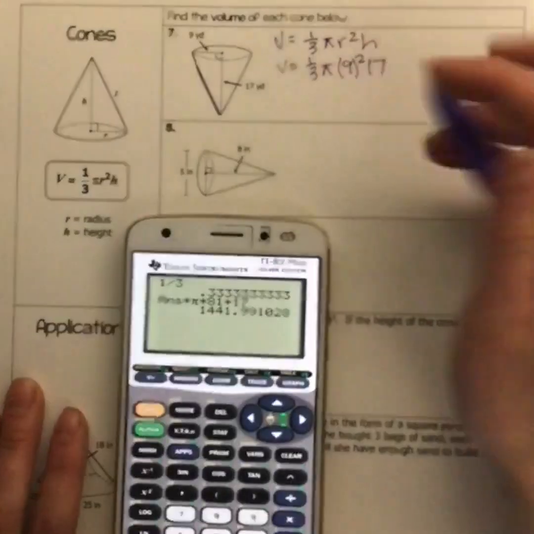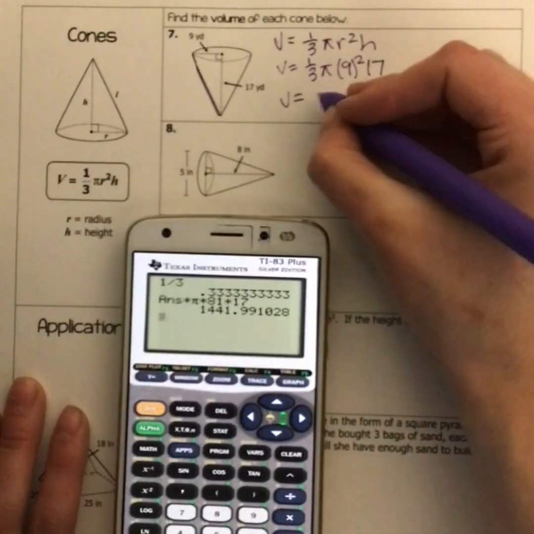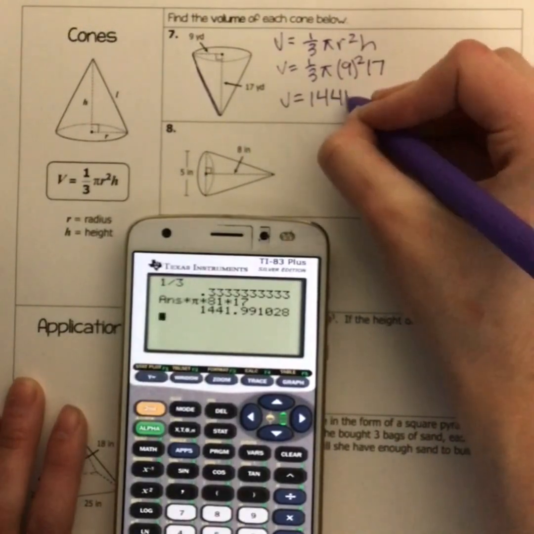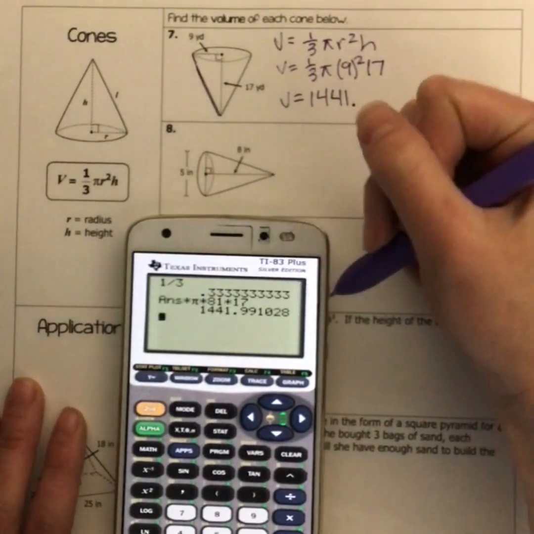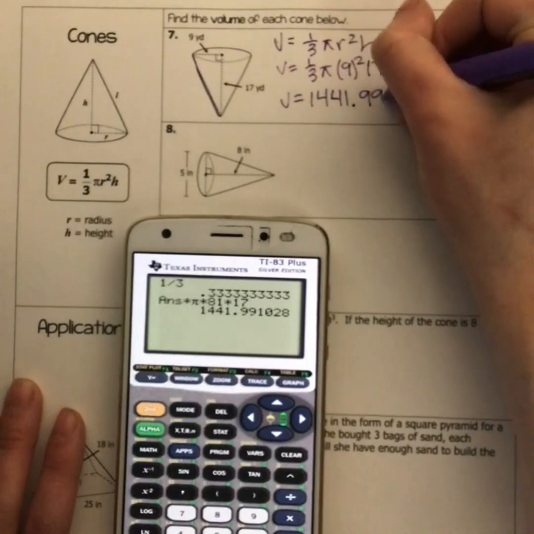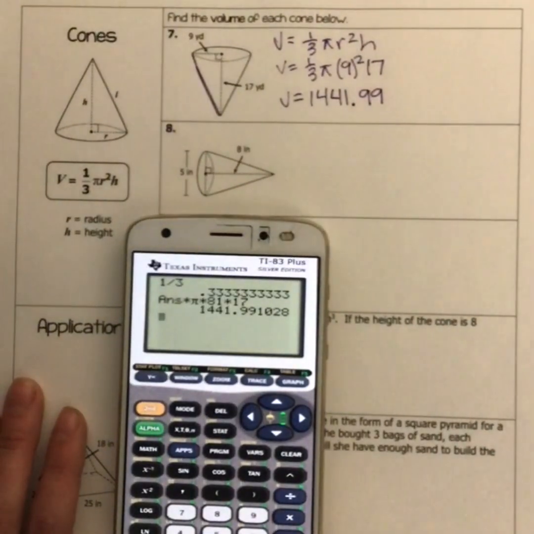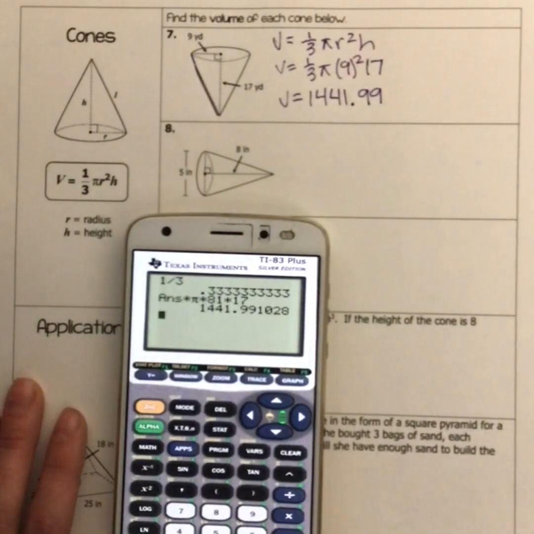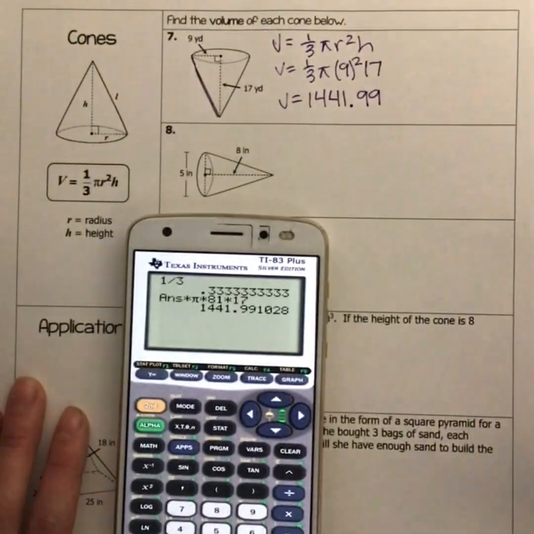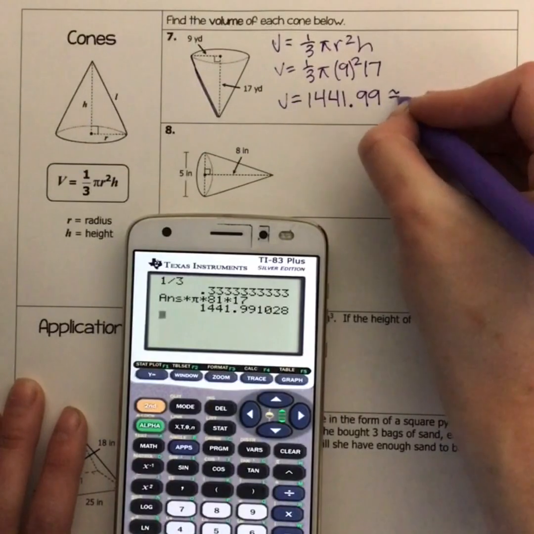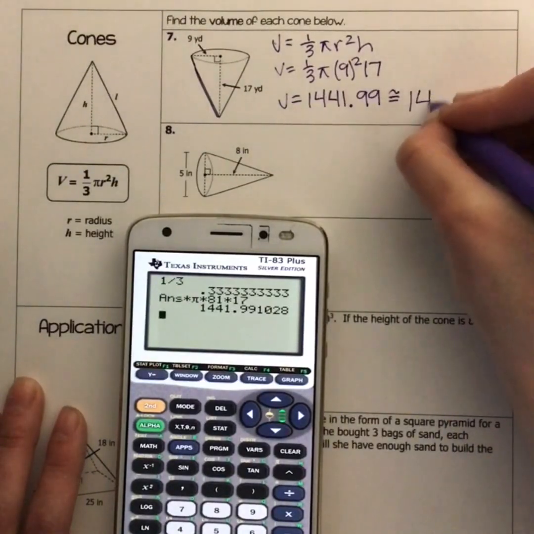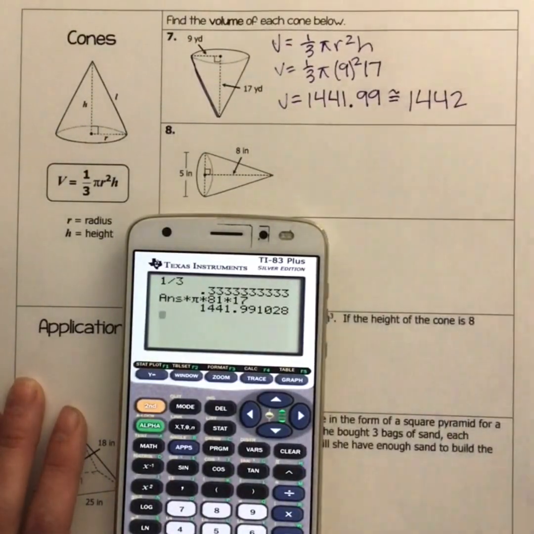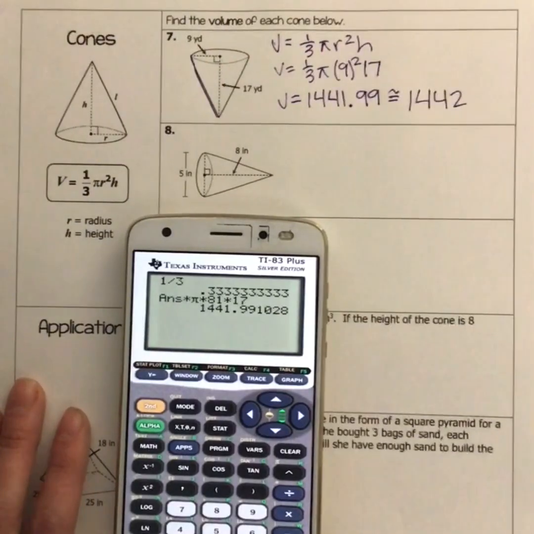And I get, with all of that multiplied together, 1,441.99. I think I'm just going to leave that as it is. If your Delta Math assignment were to ask you to round to the nearest tenth, you would just round this up to the next one. So this would be approximately 1,442. And now we need to label our units.